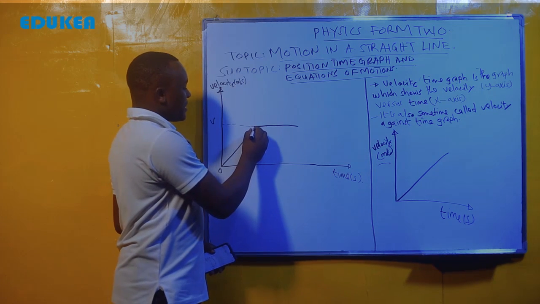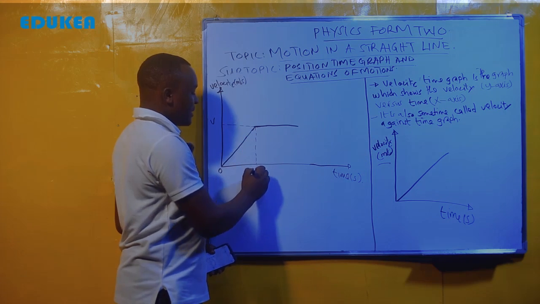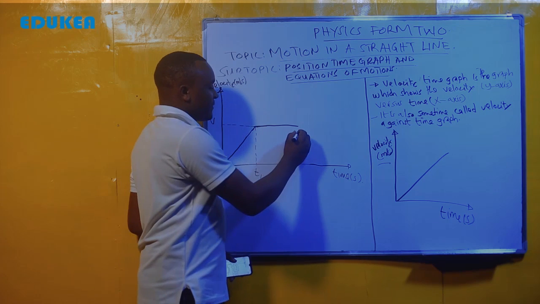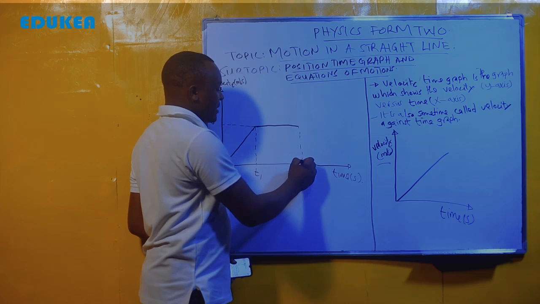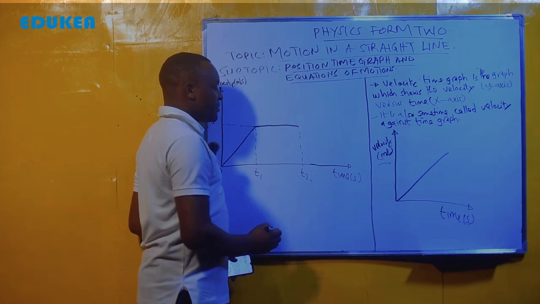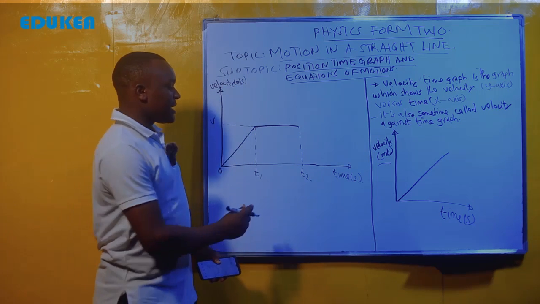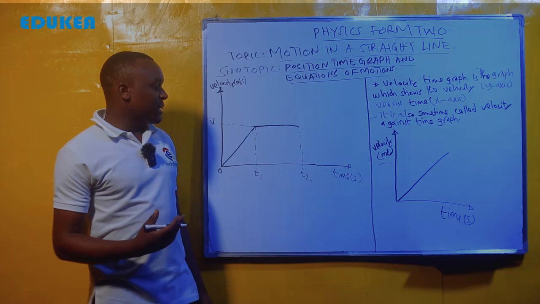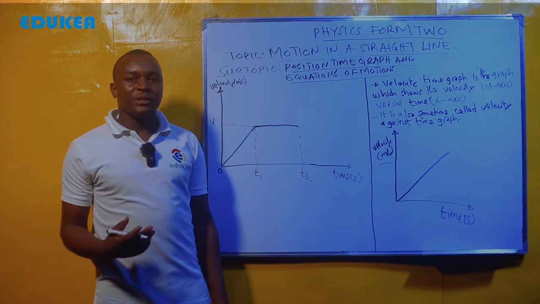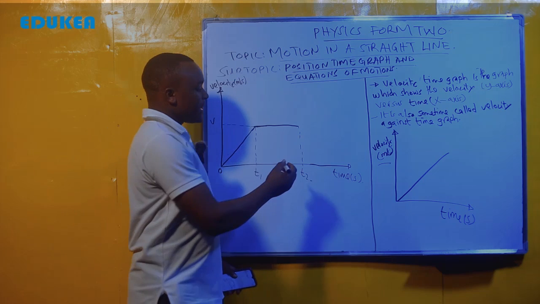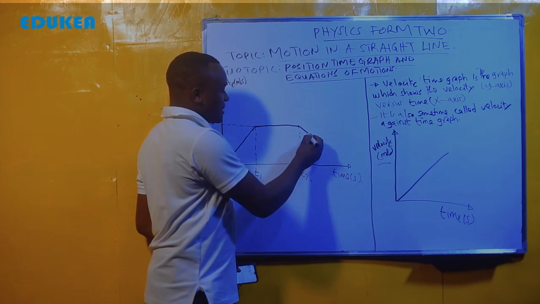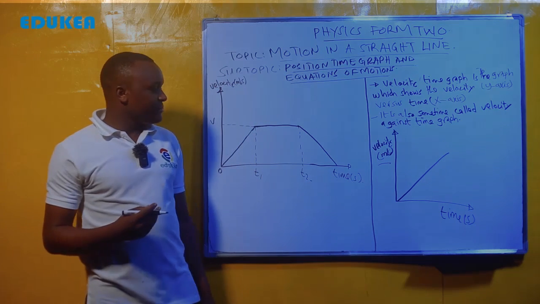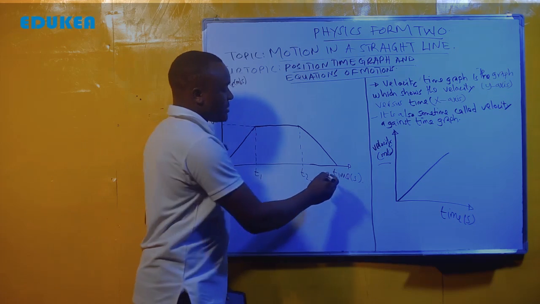Here we will have a time, let's call it t1, and after accelerating it will reach a time t2. After reaching t2, the body returns to the horizontal position. This means the body decelerates until a certain time, here we have t3.